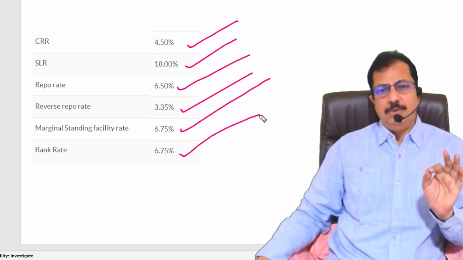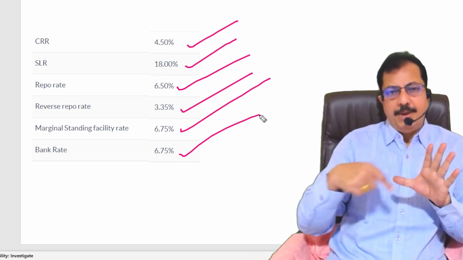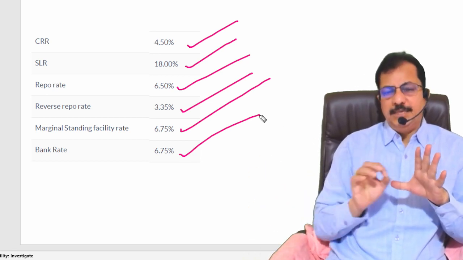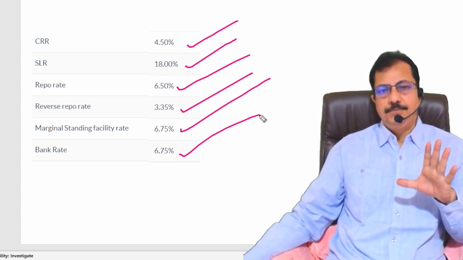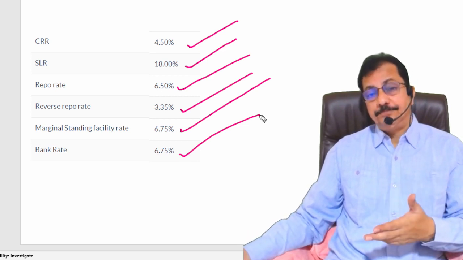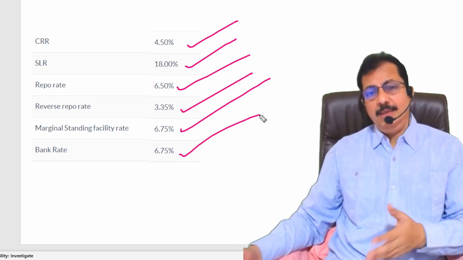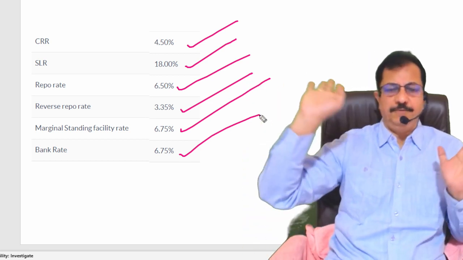Please note down and remember all this. In the brackets, please write down, this must be updated in June 2024 after the review by the Monetary Policy Committee, MPC. Write down, that is enough.